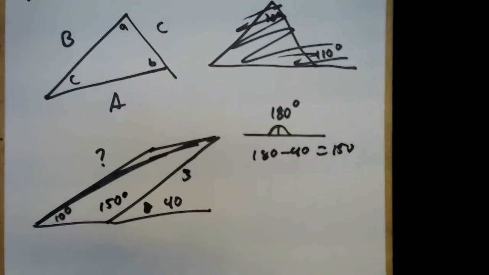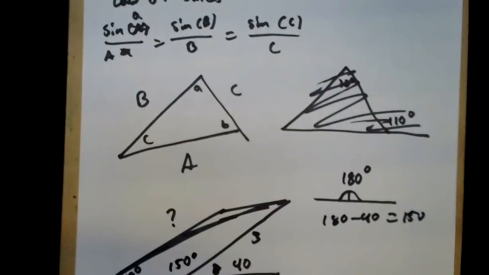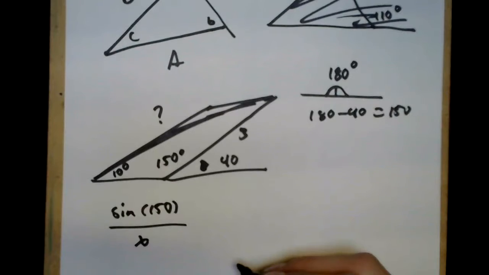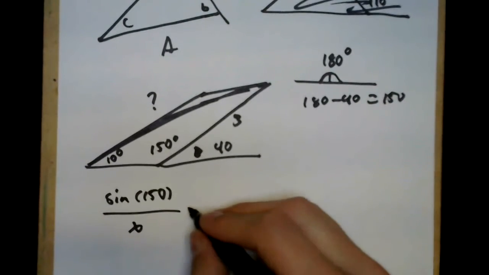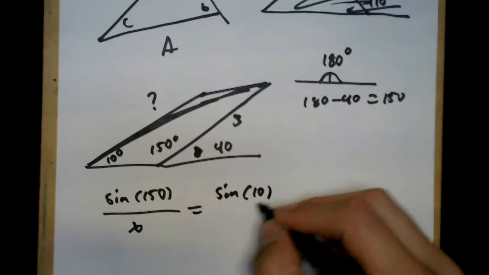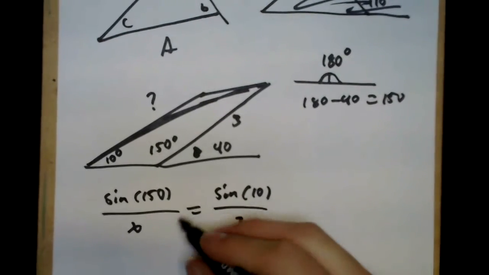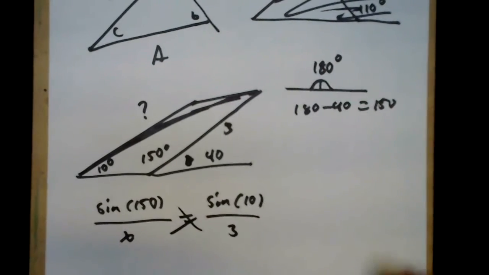Now knowing that, we can use the equation from above and say that the sine of 150, plug in x for that, equals sine of 10 over 3. You cross multiply like you would with the other problems.